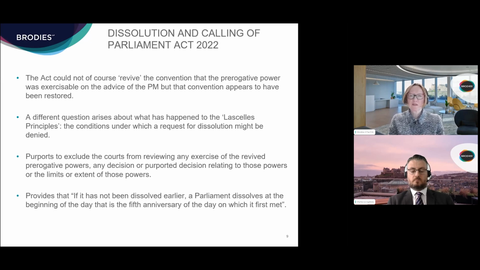Those circumstances are described as the Lascelles Principles, and believe it or not, such an important part of the UK Constitution was set out by Tommy Lascelles, the King's Private Secretary, in a letter to the Times newspaper in 1950, suggesting the circumstances in which the monarch might refuse to dissolve Parliament.